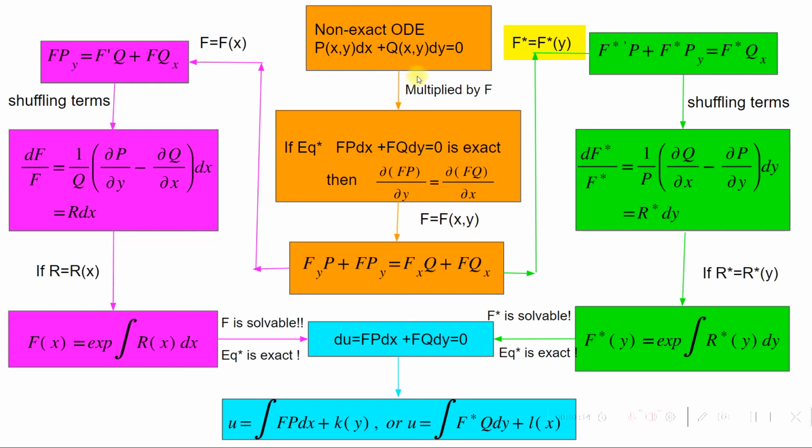To sum up, you can either choose f as a function of x, whereas an r of x exists, or you can choose f star as a function of y, whereas an r star of y exists, and then you can get f and eventually solve the equation.